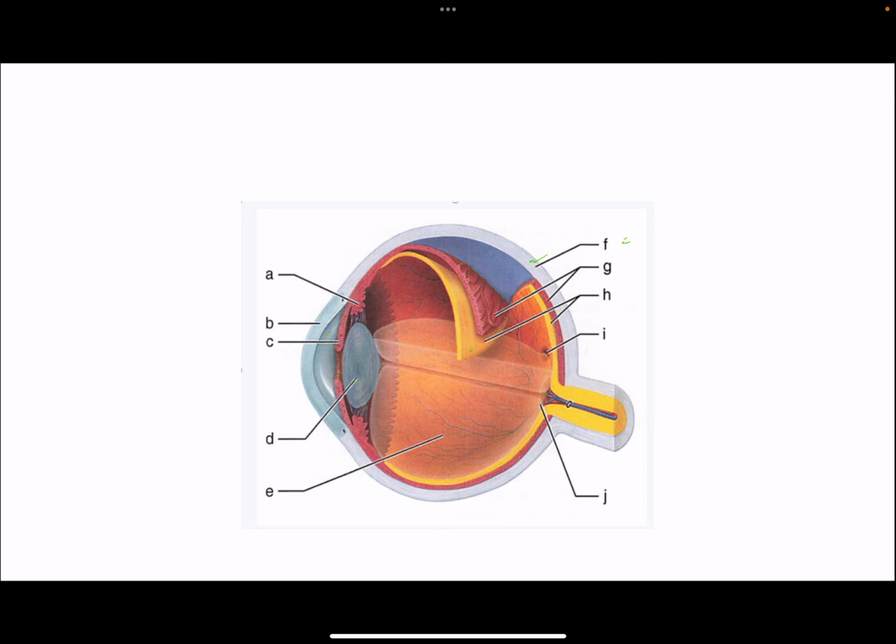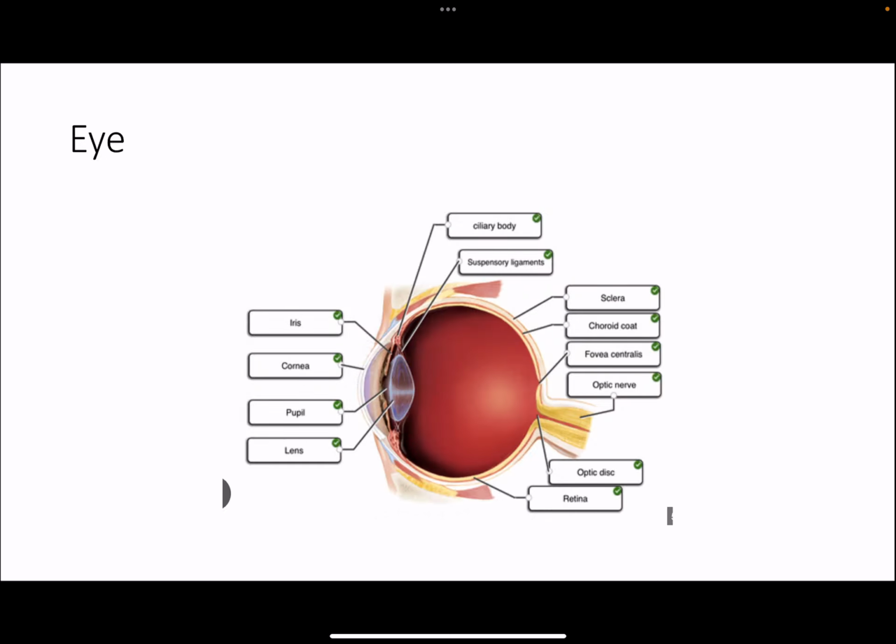Iris. Cornea. If you ask about this portion, this is the optic disc. What is this? Optic nerve. Macula densa, fovea centralis. Make sure you look at these structures, okay? Go over those things, study.